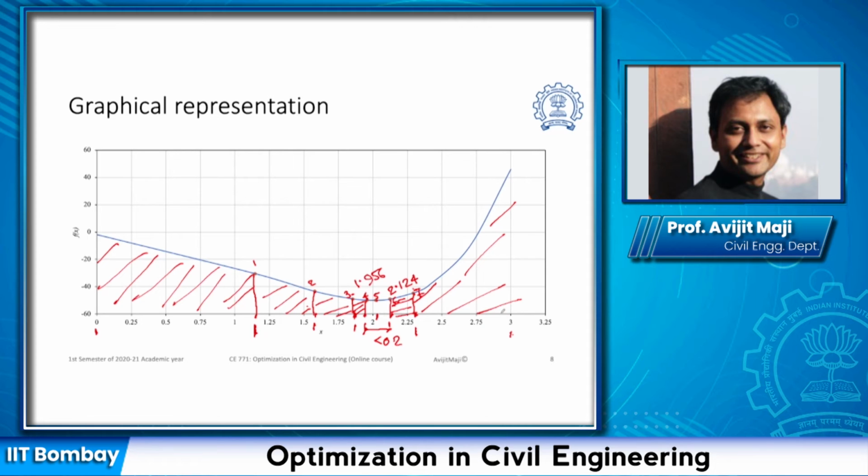Matter of fact, the Fibonacci search method, if the number of function evaluations is very high, is going to be as efficient or is going to yield a similar result as the golden section search method. However, as we had indicated, the Fibonacci search method requires estimation of the Fibonacci number, which we do not need to do in case of the golden section search method.